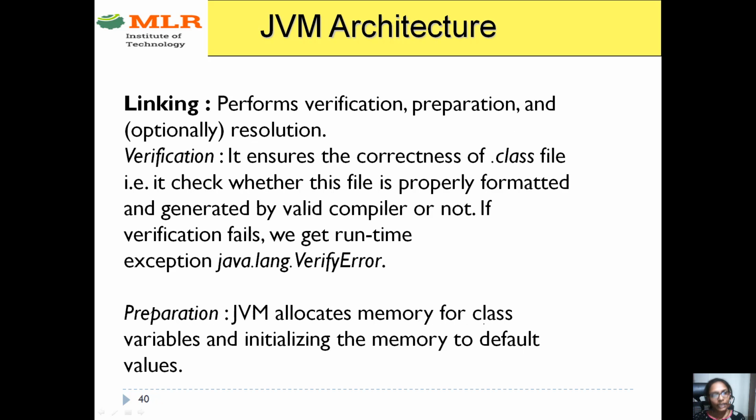So next is the linking phase. Within the linking phase, we have mainly two phases: verification and preparation. In the verification, it will ensure the correctness of the dot class name. That means whether you have given the dot class name correctly or not. So if you are using the class name as a.java, then the class file should be a.class.